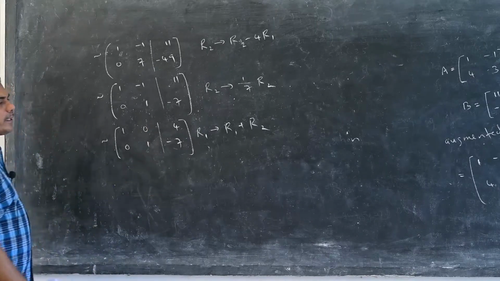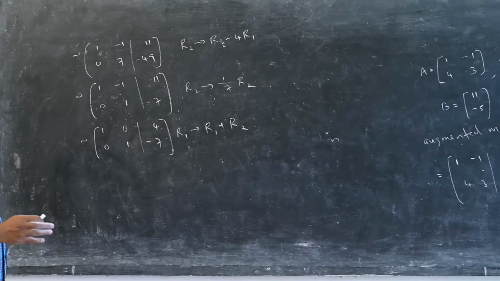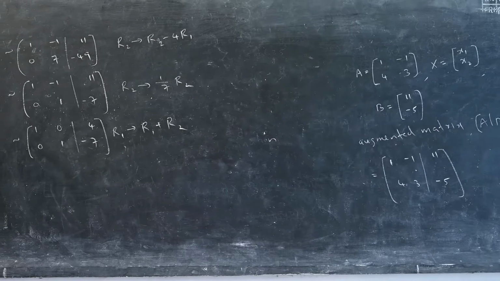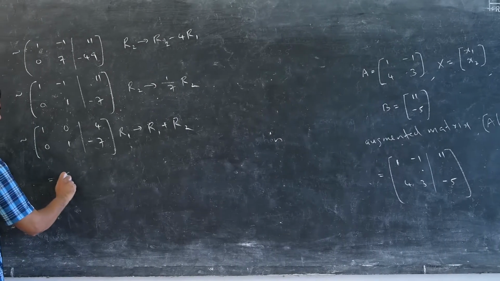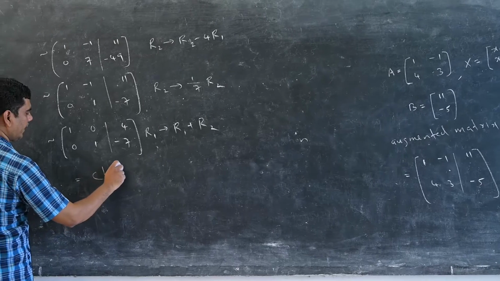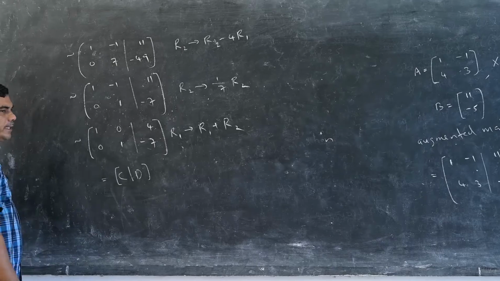So we have obtained the row reduced echelon form of the augmented matrix AB, which is equal to CD.